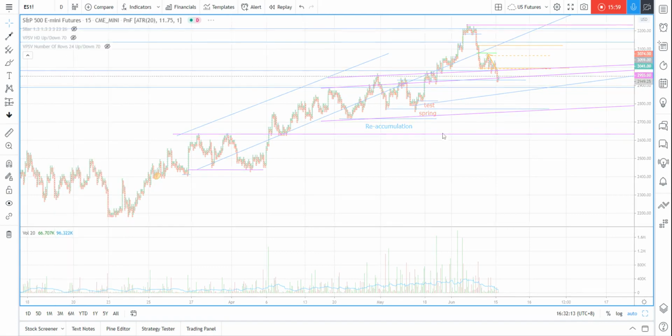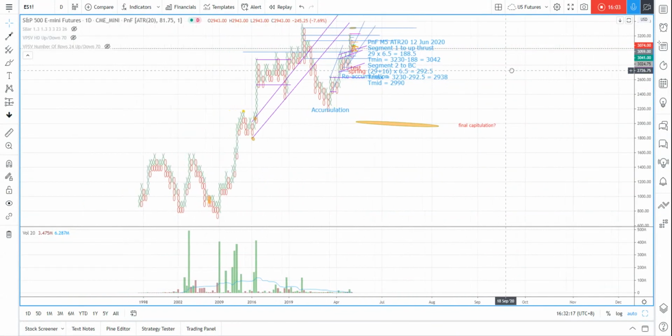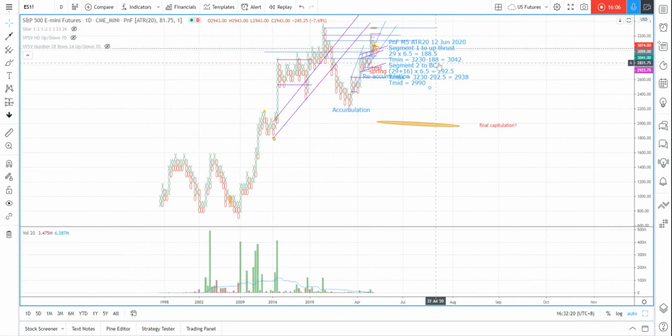Let me zoom out a bit. Okay, there we go. So that was my calculation. I have the first calculation, or the first target. The minimum is about 3040. It just hit that on the first day of the sell off on Thursday, and subsequently today it definitely hit 2938.